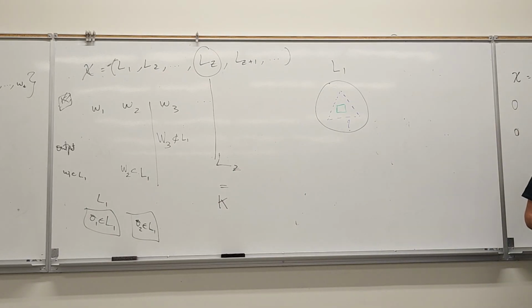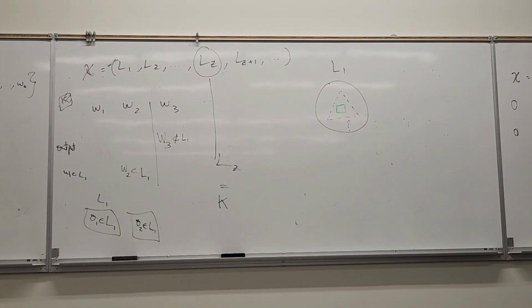Does the learner know the relationship between L1 and LZ? Let's say, does the learner know that L1 is bigger than LZ? It can know that. The problem is it doesn't know LZ. To answer your question, no, because it does not know LZ.